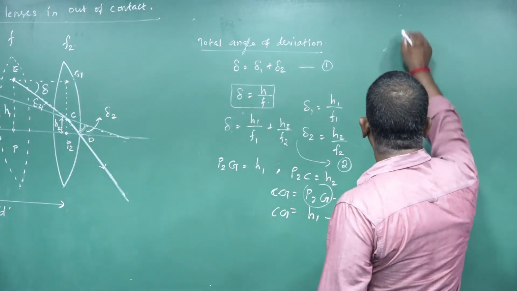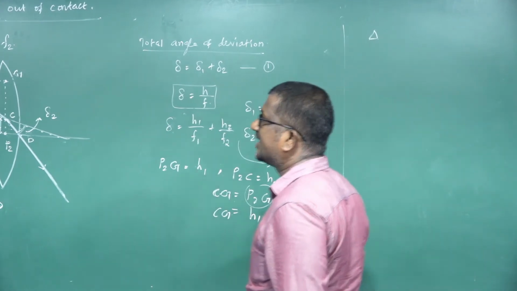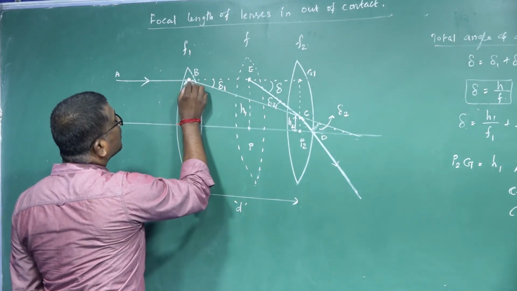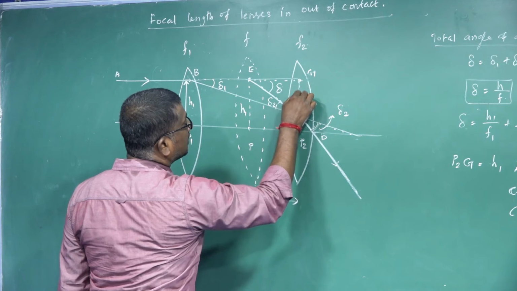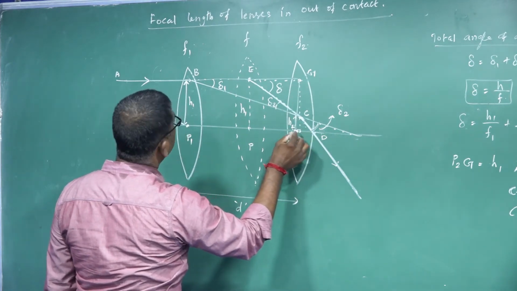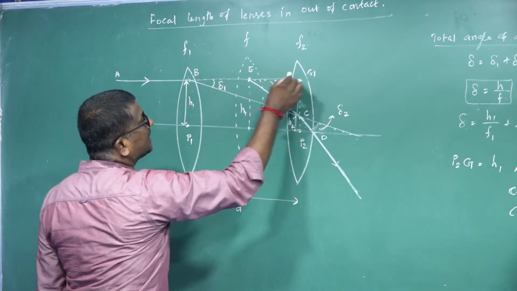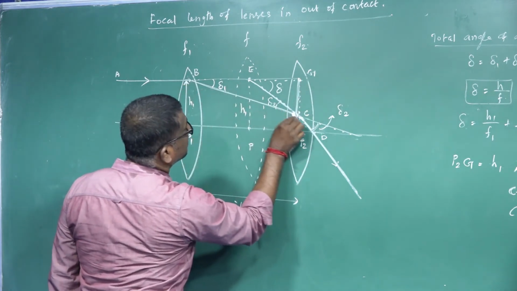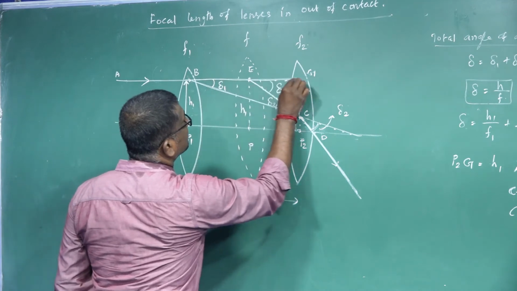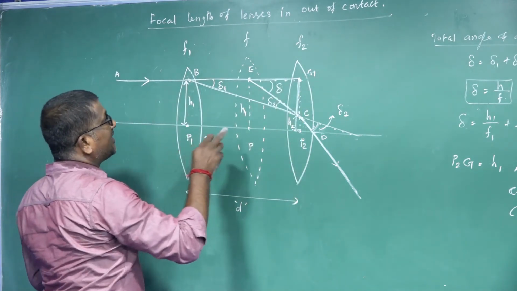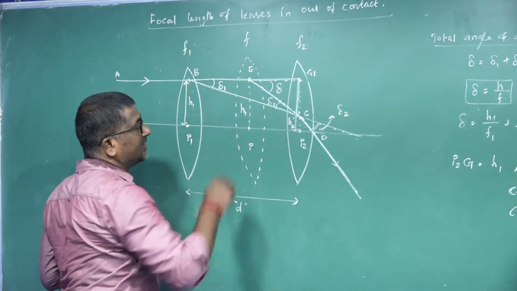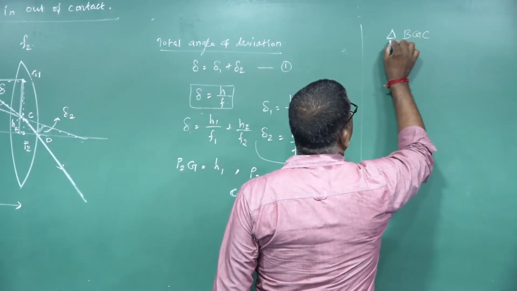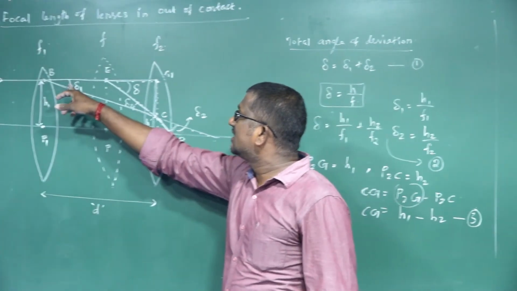Now we consider one right angle triangle in this diagram, that is B, G, C. From the right angle triangle BGC, this angle is del 1.